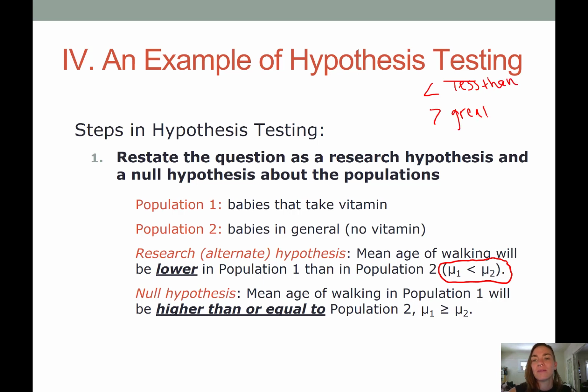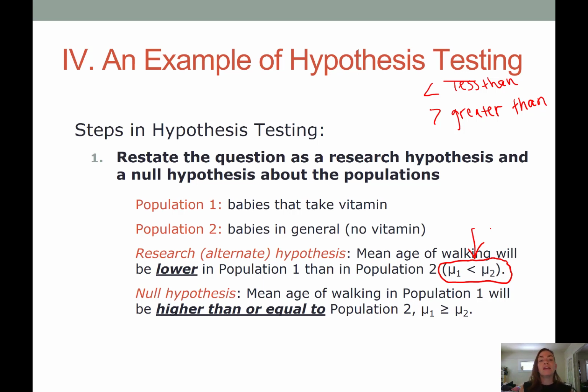But remember that this symbol here, the mouth of the alligator faces the larger number, right? So it eats the larger number. So here, if you see this symbol here, we read that as less than. So the mean of population 1 is less than the mean of population 2 is our research hypothesis.